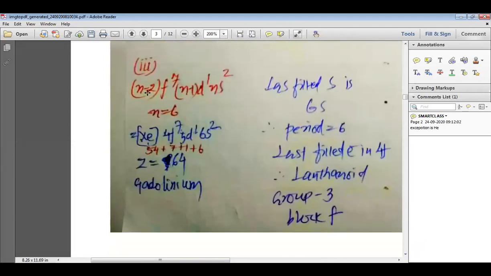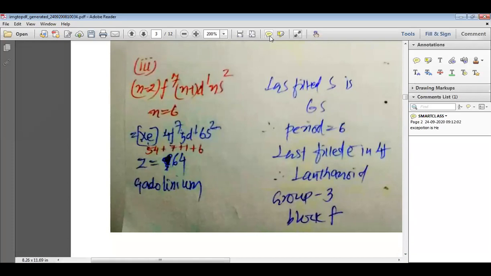The next question is (n-2)f7 (n-1)d1 ns2, n is equal to 6. So we can write this electronic configuration as [Xe] 4f7 5d1 6s2. Xenon is 54, in f we have 7, in d we have 1, and in 6s we have 2.